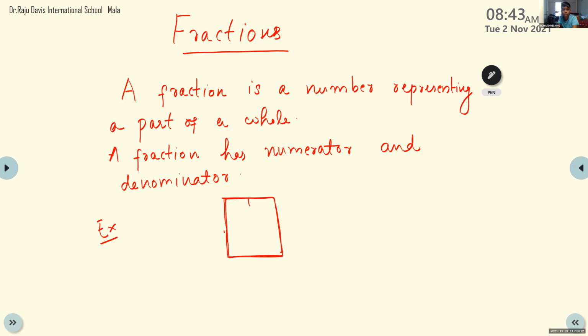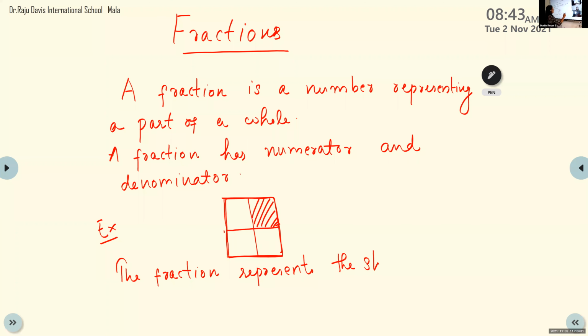Ma'am, we should draw a square. The fraction represents the shaded portion. So here you draw the square, right?